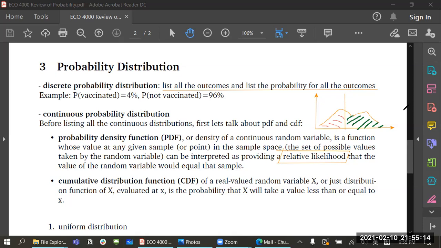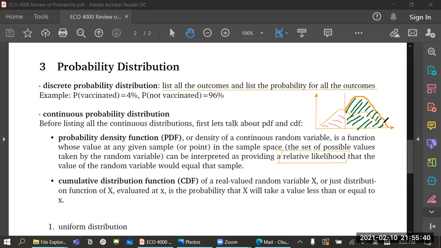So how do we understand relative likelihood? You can simply understand it as if this thing is higher. Go back to an orange line. If this line is higher, then you can imagine the green area will be larger.